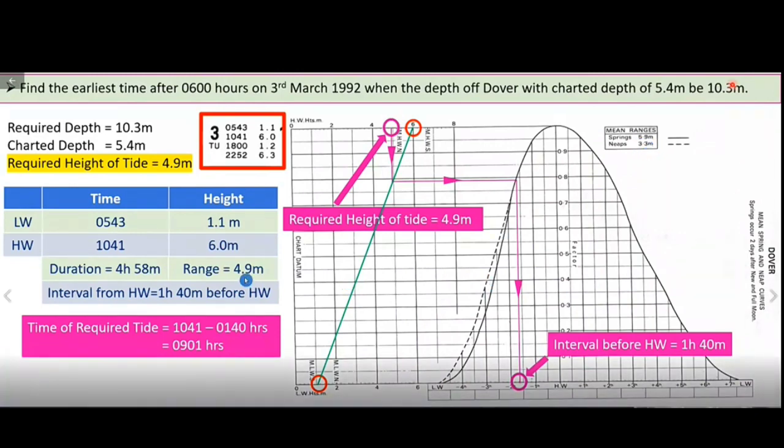Now how much is our range, beta? Our range is 4.9 meters. So when you go horizontal, the dotted line represents 3.3, the solid line represents 5.9. We have to stop at 4.9. So you can do visual interpolation, or you can do it by calculator also, and you stop in between these two lines. Right beta, did you understand?